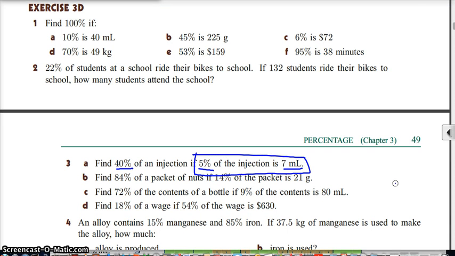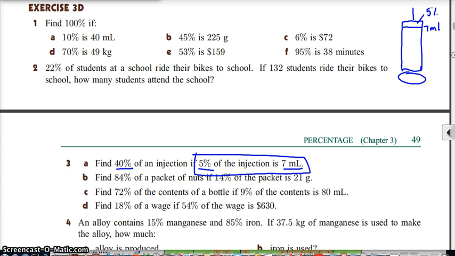We've got an injection, and they're telling us that 5% of that is 7 mils. That's 5% of the total solution.